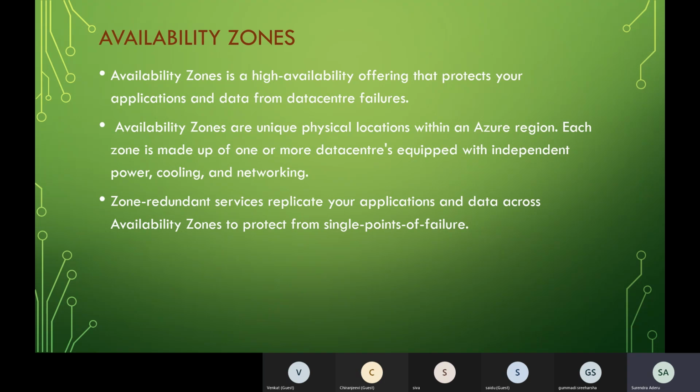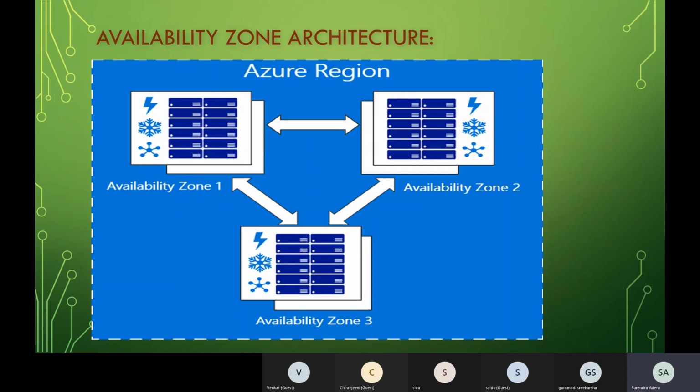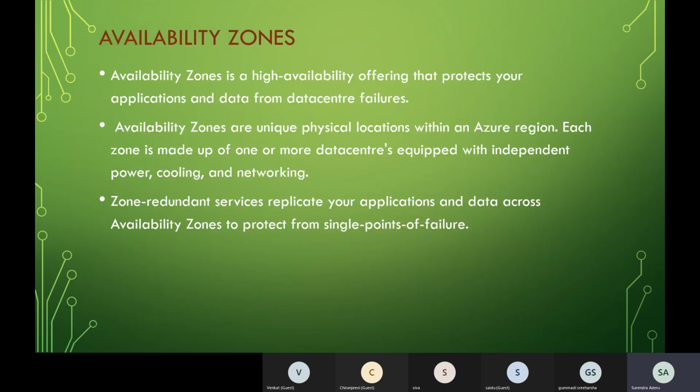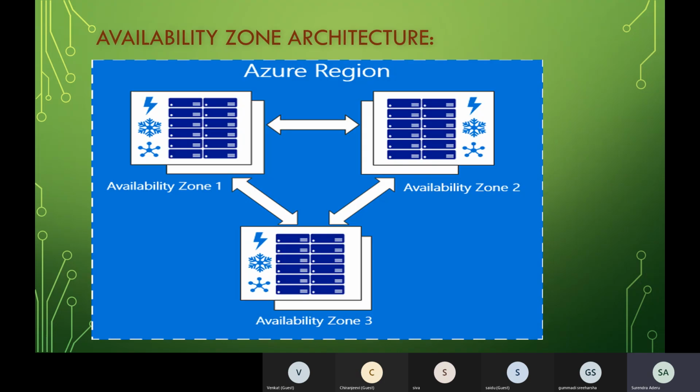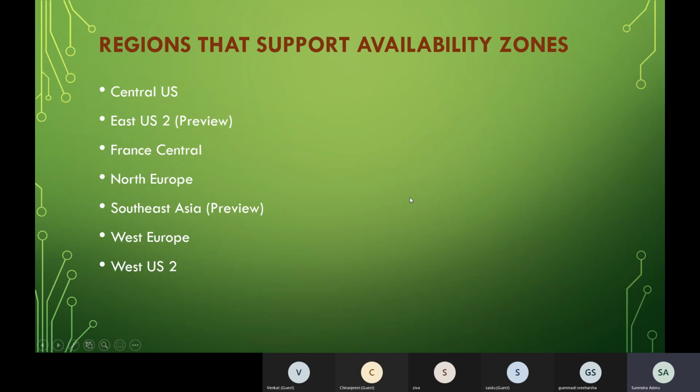We can keep our workloads, like virtual machines, in different physical data centers within one region, so that if there is any single point of failure with respect to a data center, network, power, or cooling, you will not be affected by downtime. At least your other virtual machines will continue to run the business. This is what we have seen.